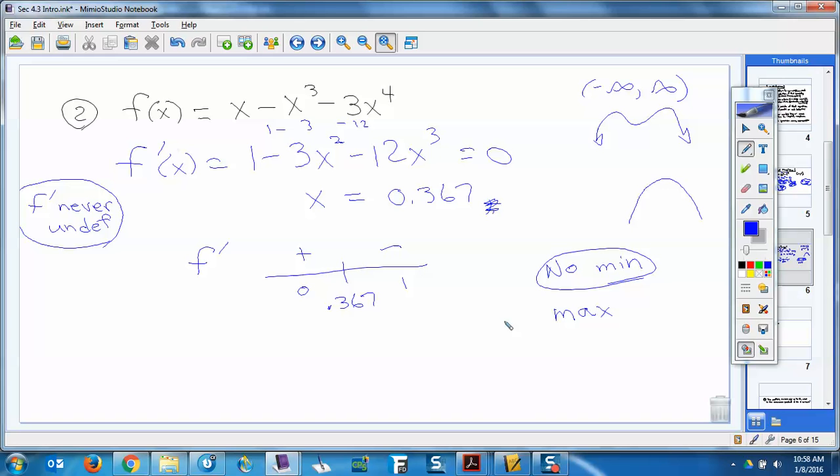You've got to plug that into the original. Let's do it. Because if it asks for the max or min values of the function, they mean the outputs of the function. It didn't say where the max was. That's where it is, at 0.367. So take several of those decimal places, put 0.36749 whatever, and plug that back into the original.